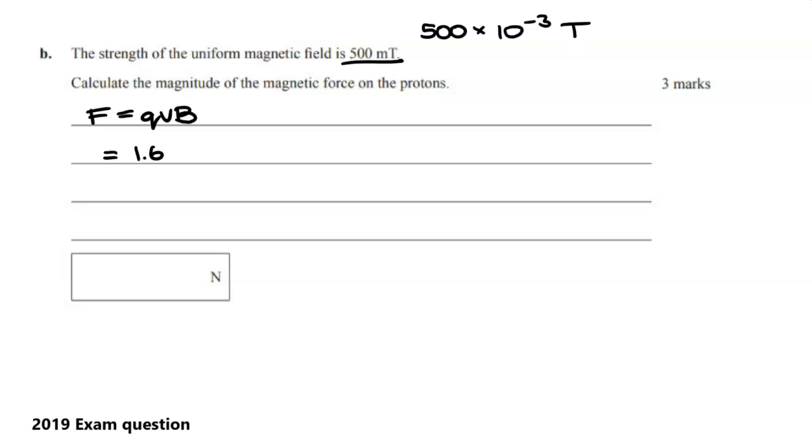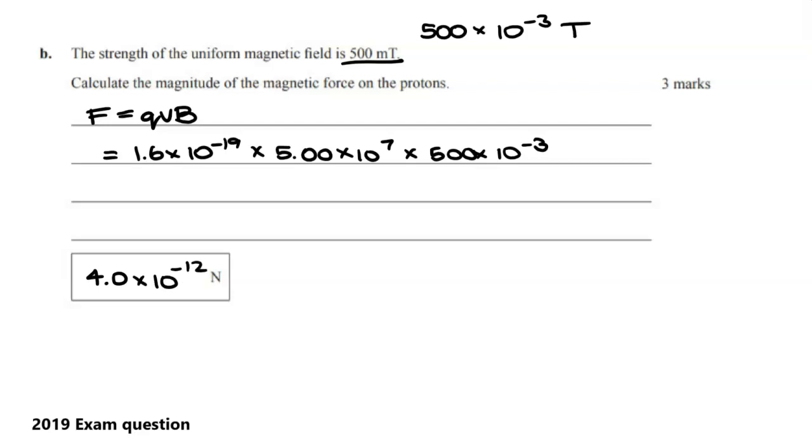So we've got the charge on a proton, 1.6 times 10 to the negative 19. The velocity we were told previously, 5.0 times 10 to the 7. And we need that magnetic field strength, 500 times 10 to the negative 3. This gives me 4.0 times 10 to the negative 12 newtons. Very small force, but it's just acting on a teeny tiny proton, so that's fine.